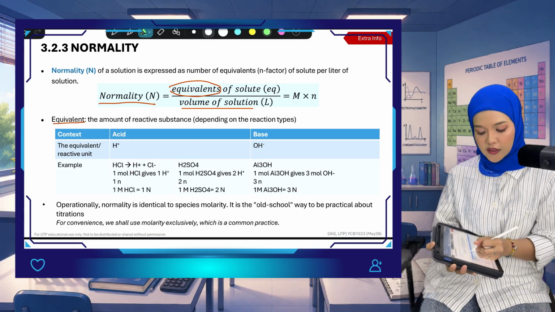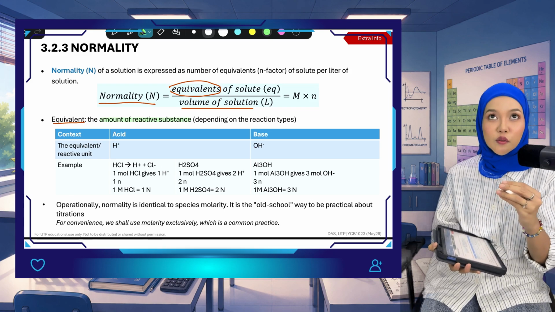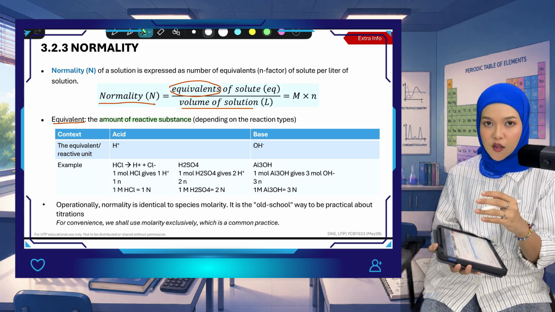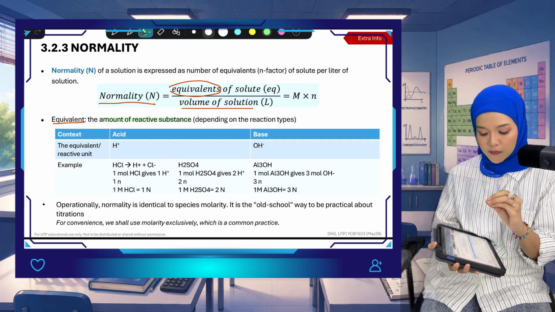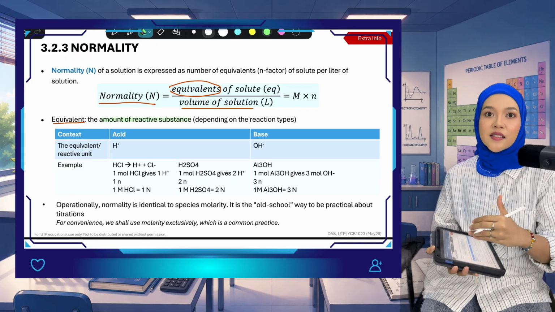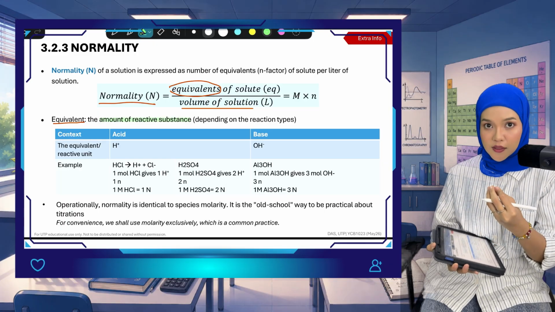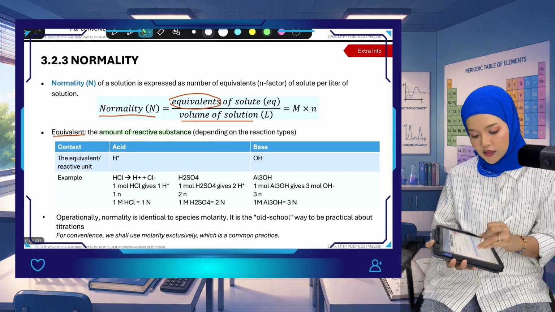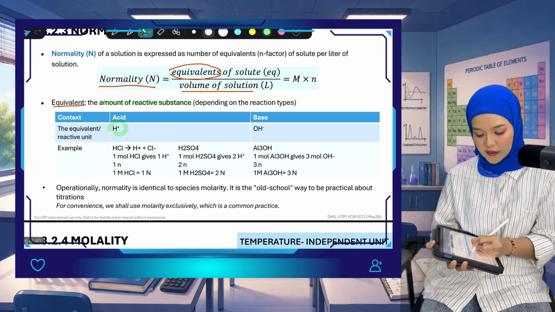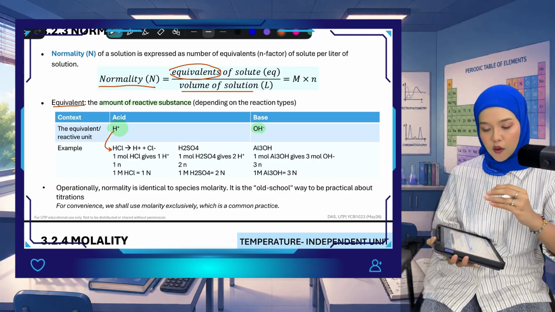An equivalent is the amount of reactive substance that is going to react in the reaction. For example, you have acid and base. The reactive substance is H plus in the acid, and in the base it's OH minus.